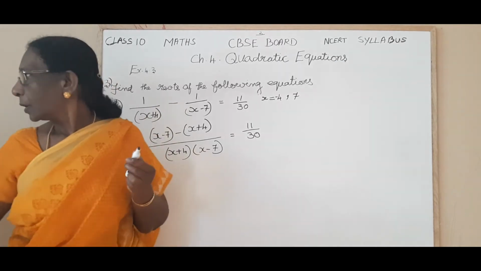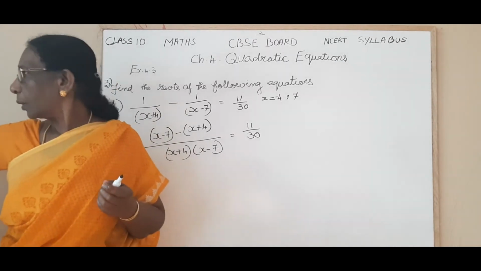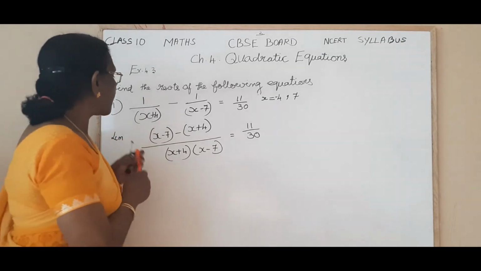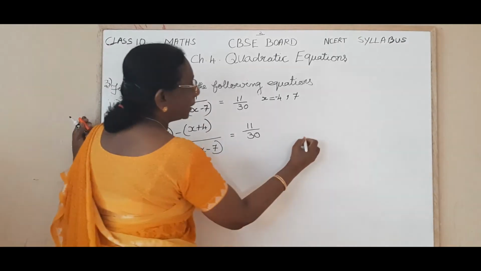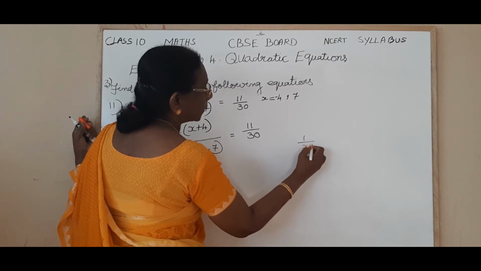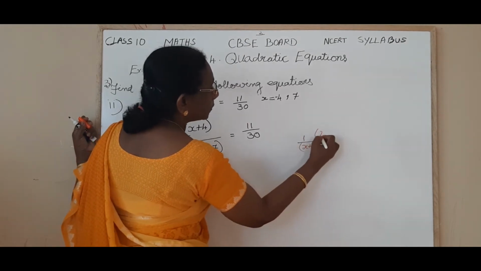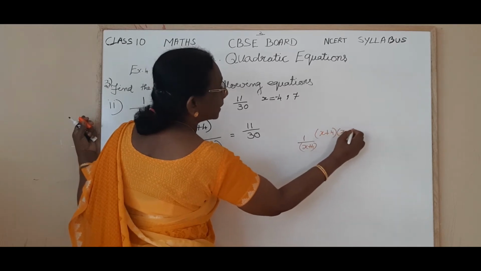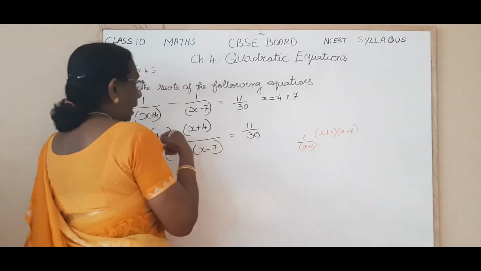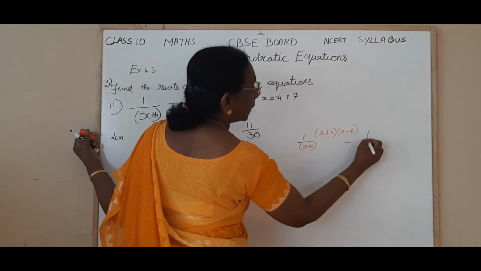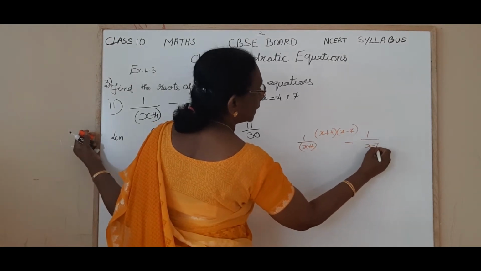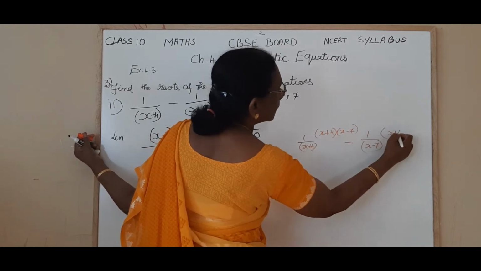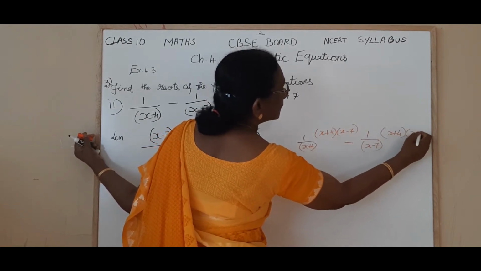Okay, I'll just do it and show you so that you will not get confused. So when you take the LCM, you have to multiply 1 by x plus 4 into x plus 4 into x minus 7. Okay, and then minus 1 by x minus 7 into the same thing, x plus 4 into x minus 7.